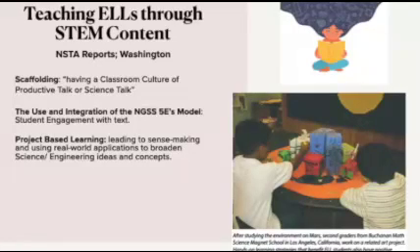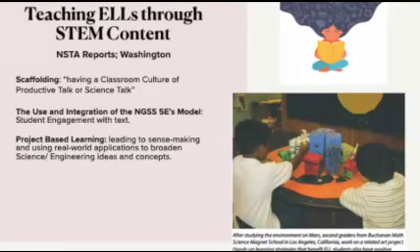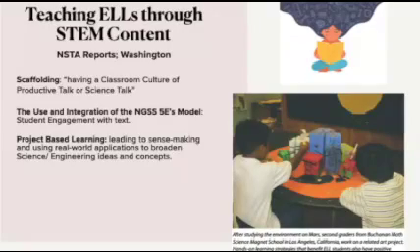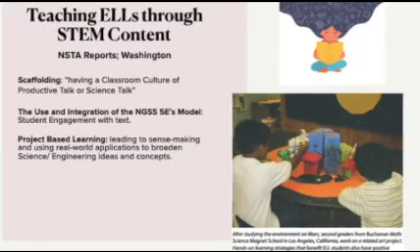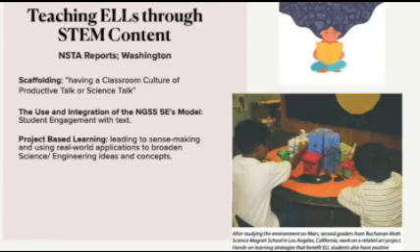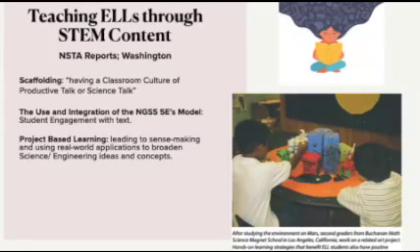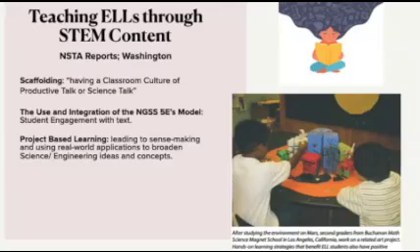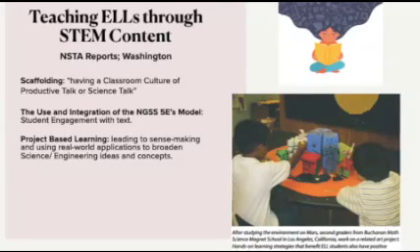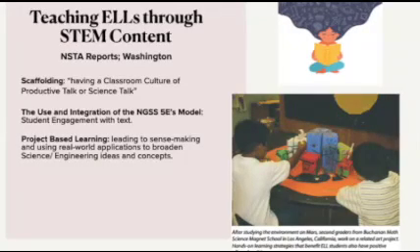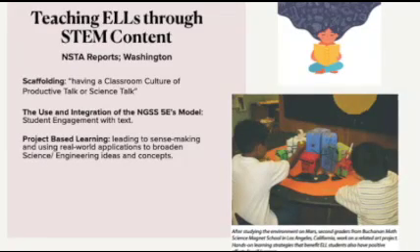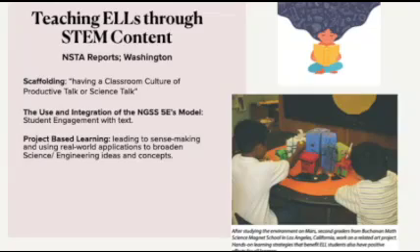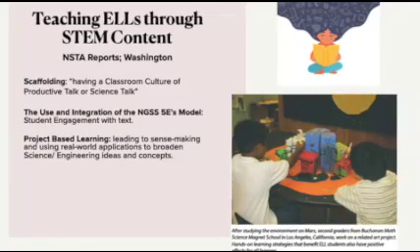The use and integration of the NGSS 5Es model is really important when teaching STEM because it allows students to focus on different areas: engage, explore, explain, elaborate, and evaluate. It helps students structure and organize their thinking and ideas, and therefore make connections that go further.